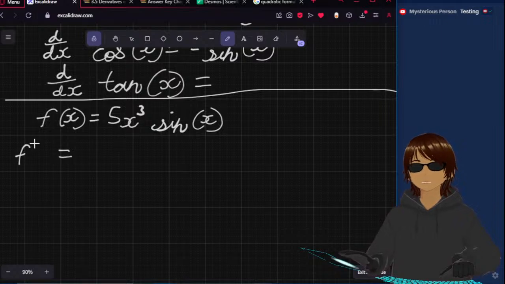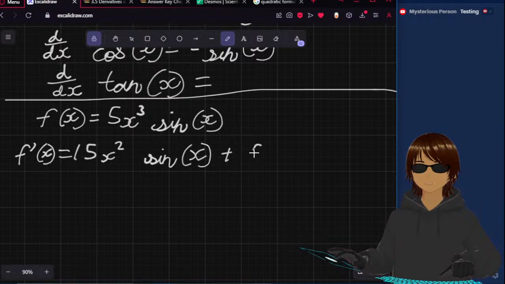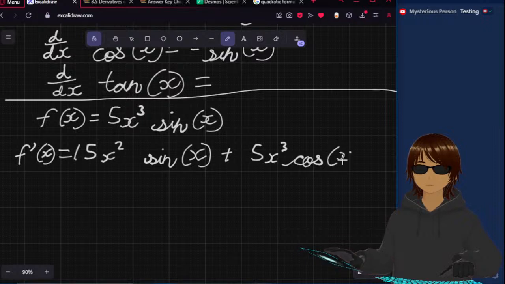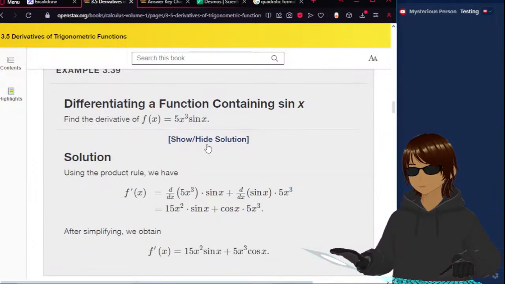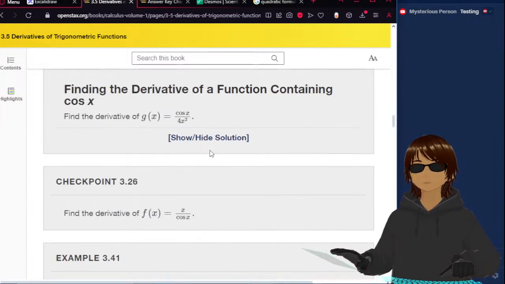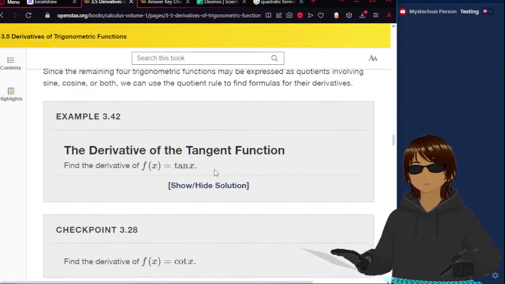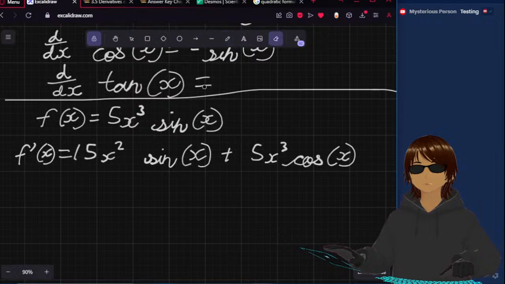So then the derivative of the first times the second plus the first times the derivative of the second. Oh, it's an exercise. Let's do it then.